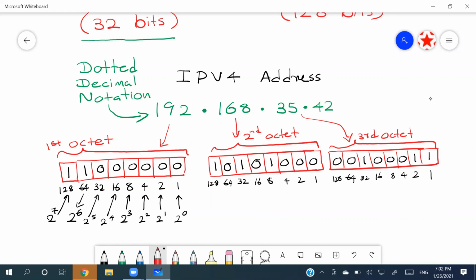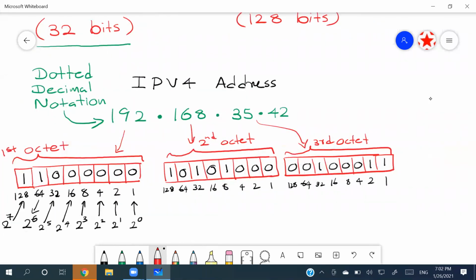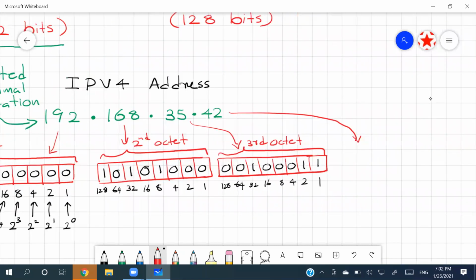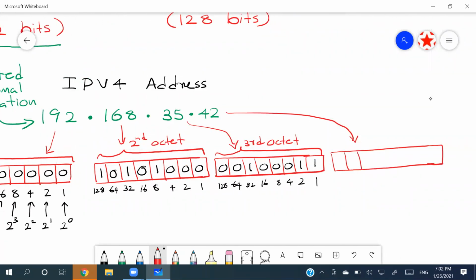And the very last one, 42, is called the fourth octet. 42 is made out of 32 plus 10. 10 means 8 plus 2.